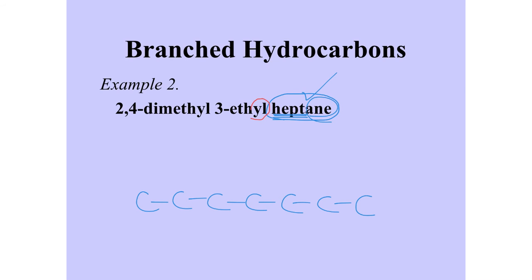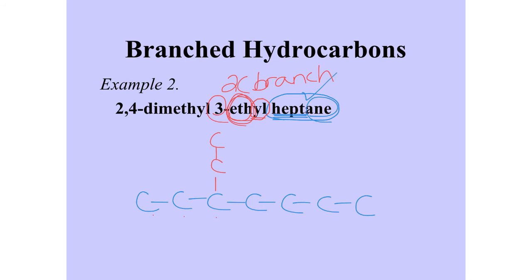All right, now we move to our next portion, YL. YL tells me I have a branch. So off of this main chain, I've got some carbons coming off of it. Eth tells me how many carbons are in my branch. So I have a branch that's 2 carbons long, and 3 is where it comes off of. So go to carbon 3, and we have an ethyl branch. Now this is important. You need to have those 2 carbons together.